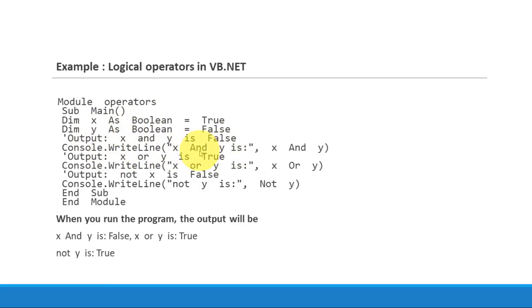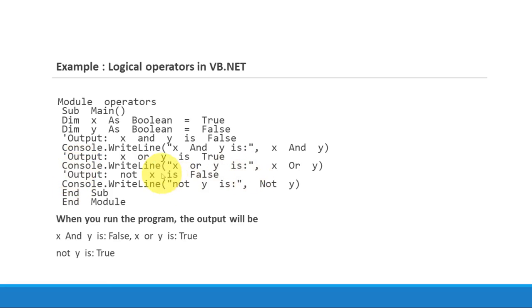We are using the And operator. For x and y, both the conditions should be true, only then the output will be true. But here x is true, y is false, so x and y is false. Why? Because we need both the conditions to be true.